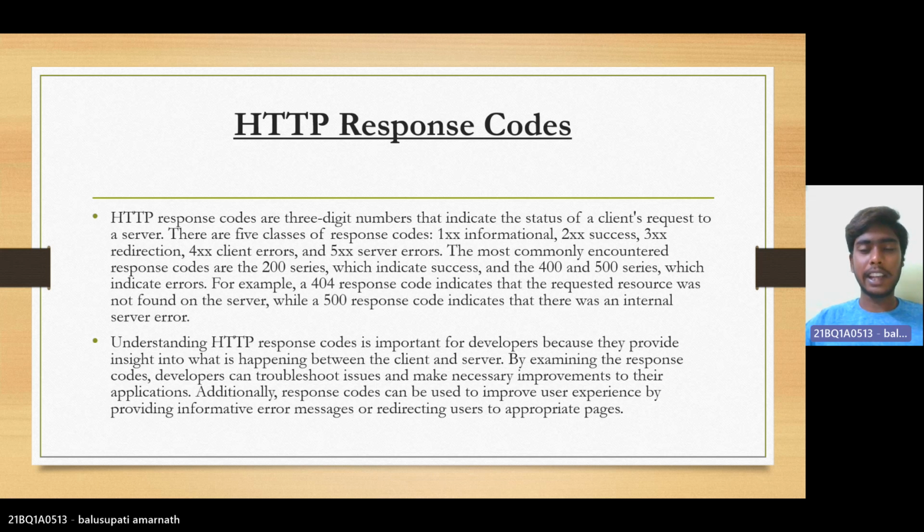As you can see, error 400, error 404, error 500, error 505. These are all response codes. That means if you are getting a response code of 200 or any 200-series number, then it is success. Your transaction or communication with the server is a success. If you are getting a code of 400 or 500, that indicates there are some errors, as you can see on the display screen, right?